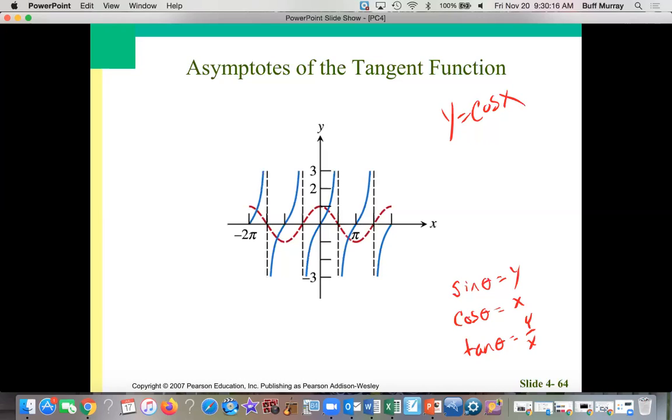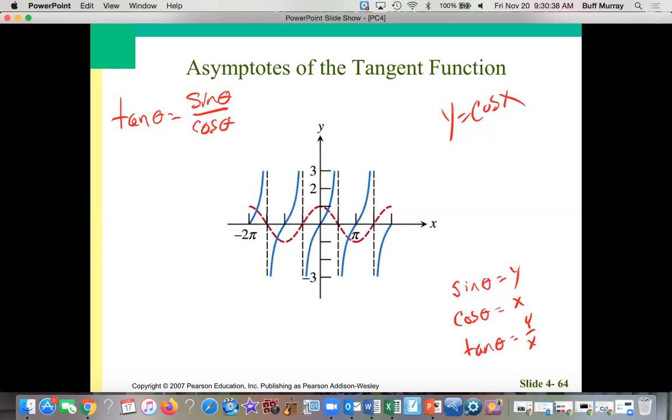Some of you did, some of you didn't. Really, wouldn't that mean that tangent of an angle is y over x? It would, wouldn't it? And some of you figured that out. That's the last question on the first page.